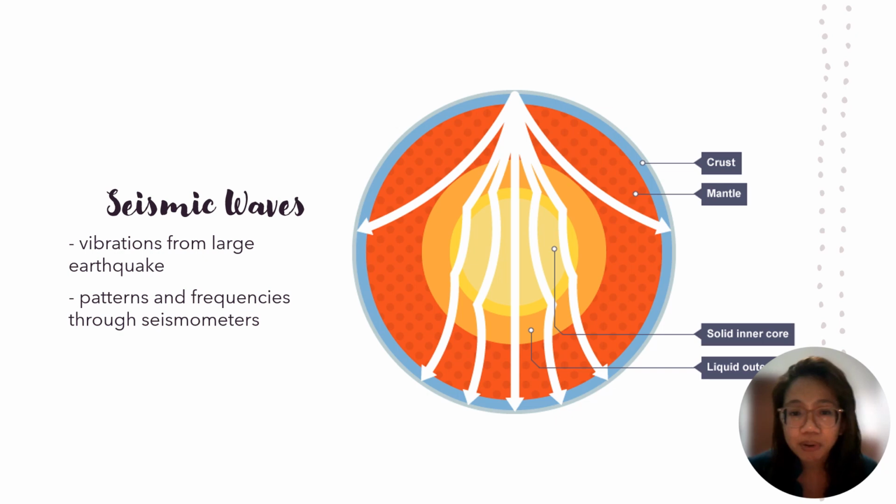For example, here at the very top of our graph, the epicenter, or the source of the earthquake, these seismic waves can travel to different points of our planet, and depending on their pattern and frequency, we can tell how fast and slow they travel, and from there we can see what type of material is within our planet.